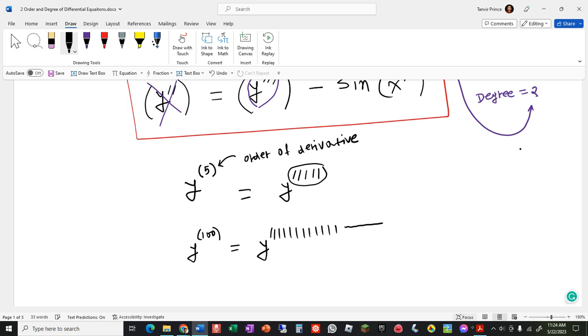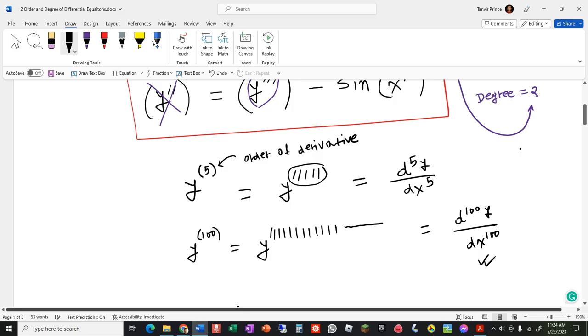Another way I can write this is with the d notation, and I can do the same thing for the 100th derivative. So this is good, but it is not so good once you have a very high order derivative.